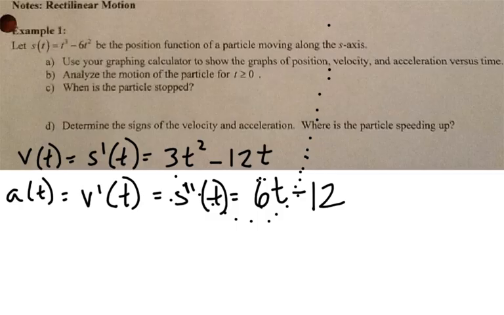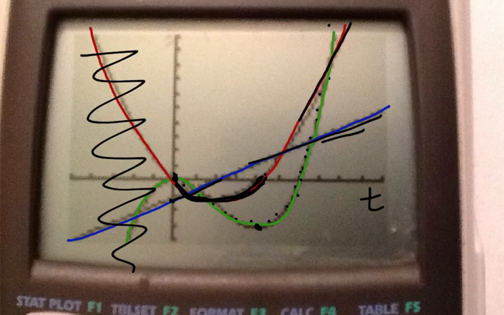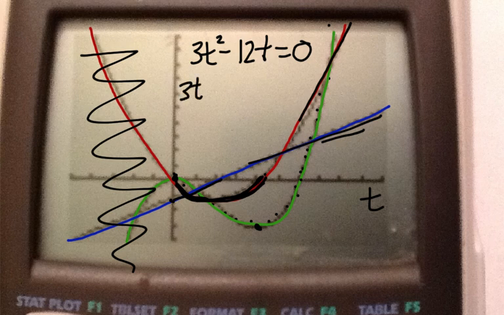When is the particle stopped? Okay, so the particle is stopped when the velocity equals 0. So where does the velocity equal 0? Well, let's take our velocity function, 3t squared minus 12t, set it equal to 0. This is factorable. 3t times t minus 4 equals 0.